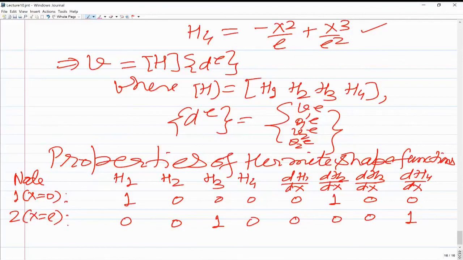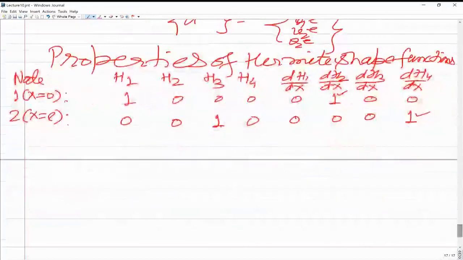Similarly, when we put x equal to L in this approximation, we should get v equal to v2e, and v2e comes with the shape function h3, so that should be unity and the other shape functions should be 0. Similarly, the derivative dv by dx must be theta 1e at x equal to 0, and that goes with h2, so this should be unity and the other derivatives should be 0, and similarly for the other end.